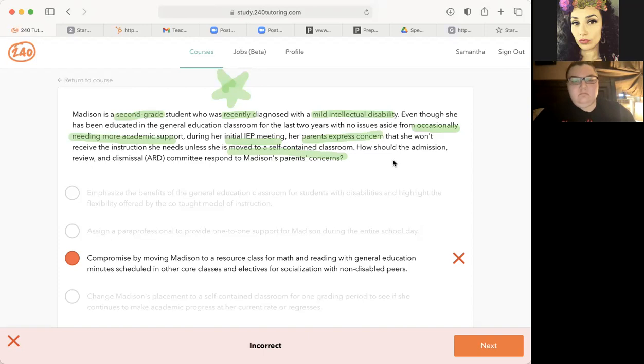Someone with an intellectual disability could be assigned a co-teacher, and co-teachers could be assigned as much as 6 students in a classroom. And that teacher is just for them within the classroom. So they actually have 2 teachers of record for instruction, which is very nice.